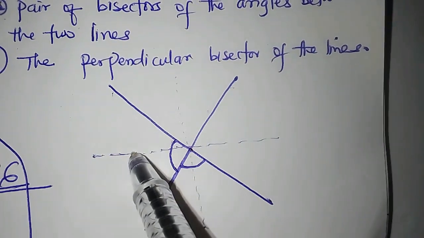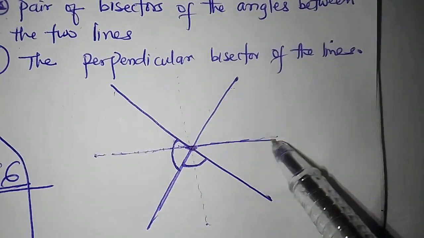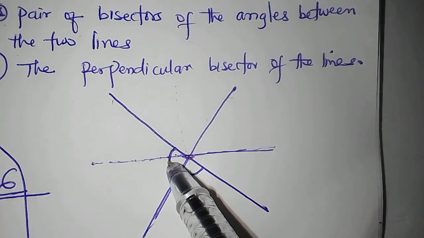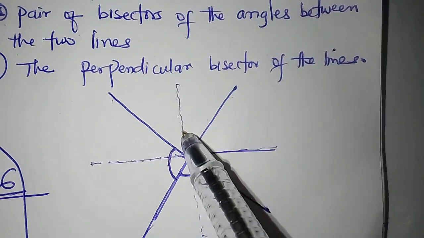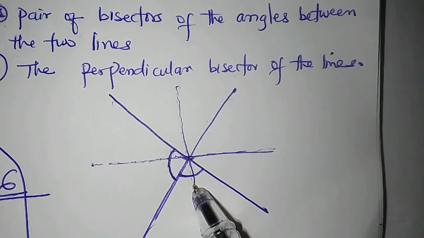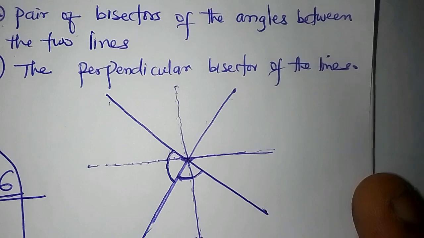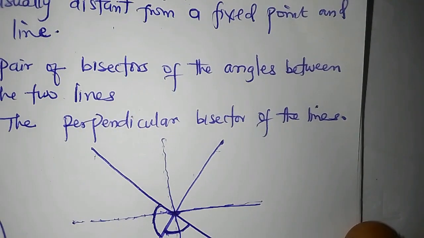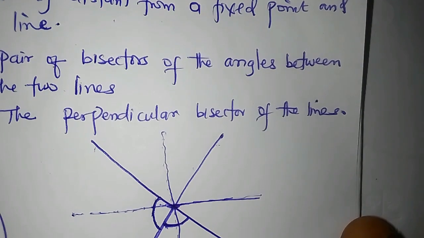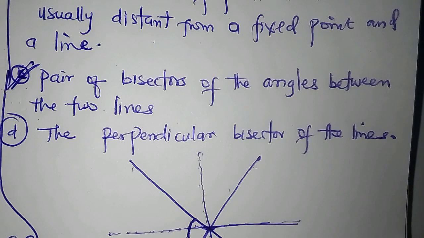So if this point moves horizontally, that is, it passes through the center point, it means that the angle here is divided into 2 equal parts, and if it moves this way, the angle at the center here is also divided into 2 equal parts. So I can say now that the locus is a pair of bisectors of the angles between the 2 lines. Option C. So option C is the correct option.